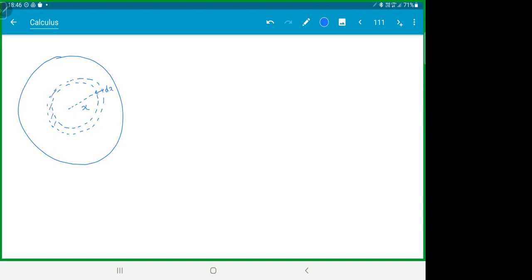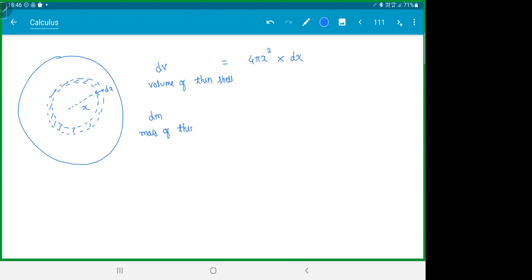So dx. This is a small thin shell. This is the volume of the thin shell, which is nothing but the surface area 4 pi x square into thickness dx. dm is the mass of the thin shell.